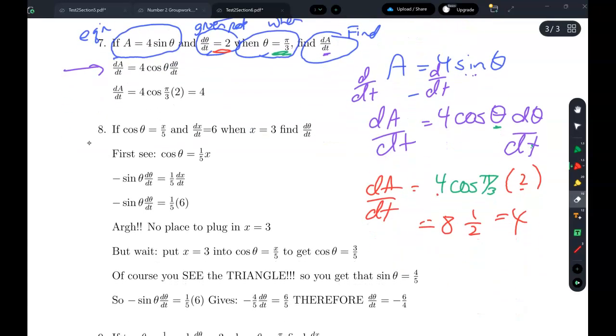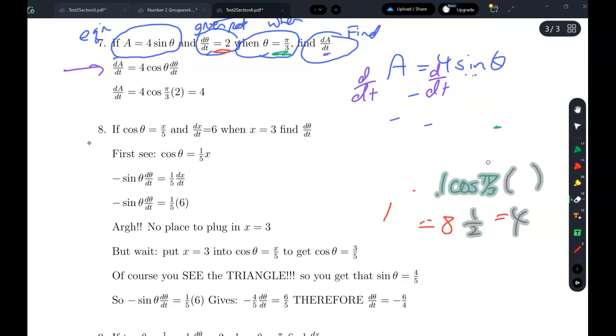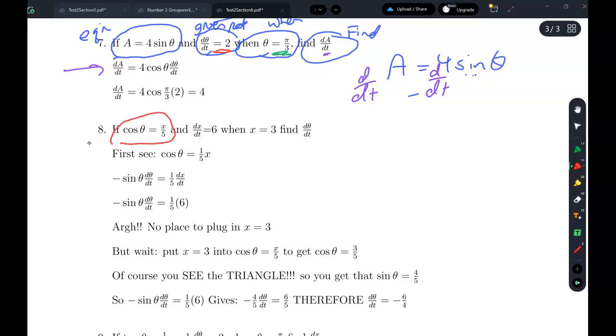All right. These are going to get a little harder, but you are ready for it. Let's see what we got here. So here's my equation, my given rate, my when information, and what I need to find. So if I take this, cosine of theta is equal to x over 5.